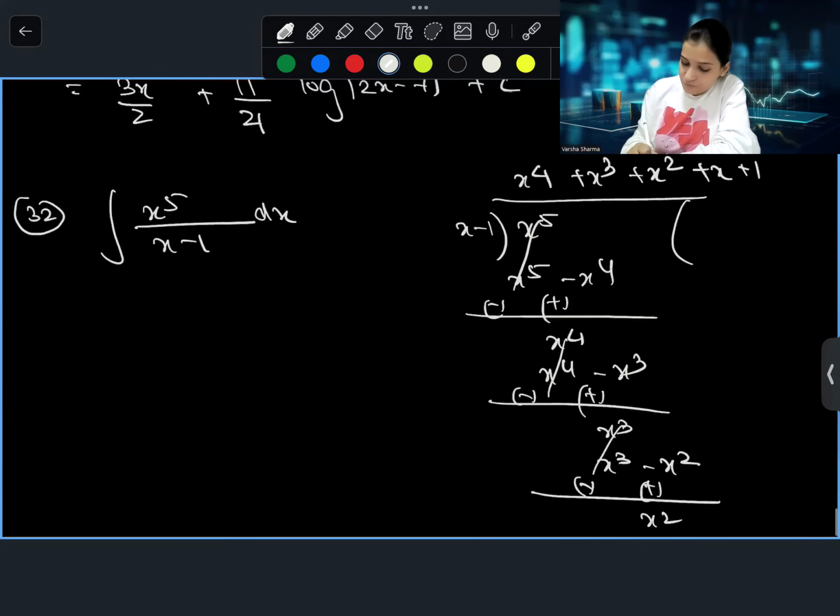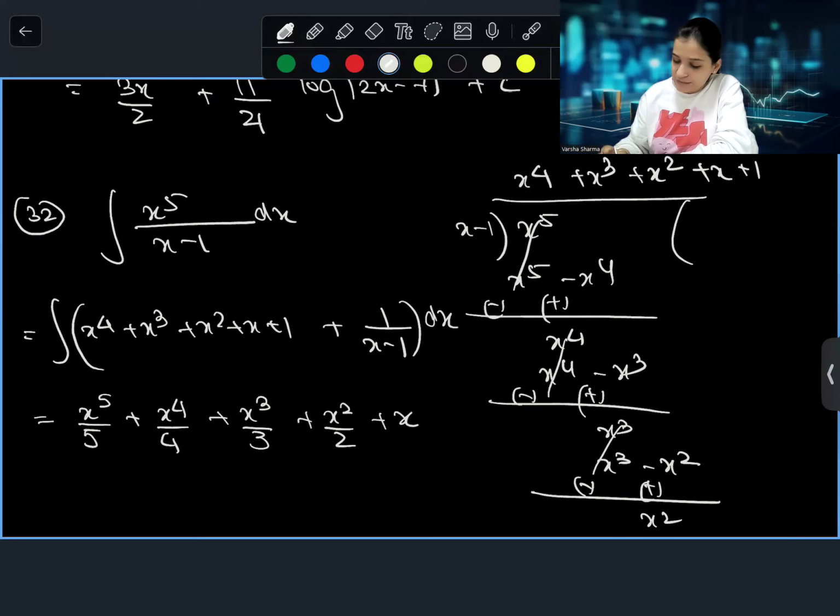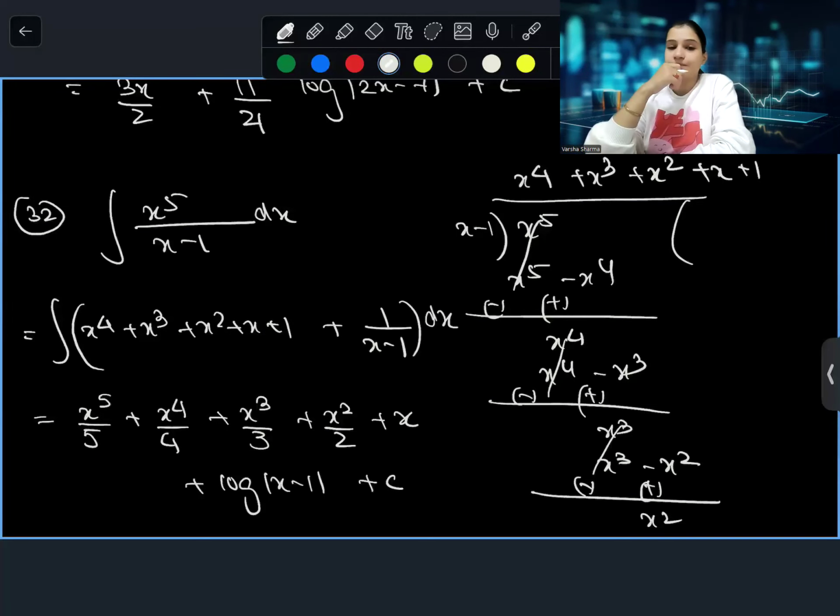Remainder is 1. So quotient plus remainder by divisor. Integrating, it is x power 5 by 5, x power 4 by 4, x power 3 by 3, x power 2 by 2 plus x plus log mod x minus 1 plus c.